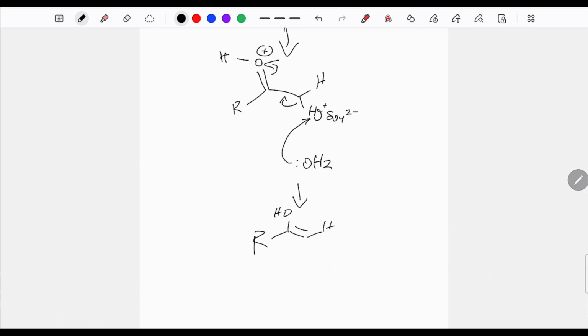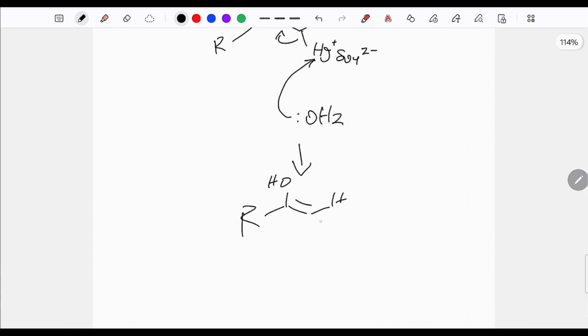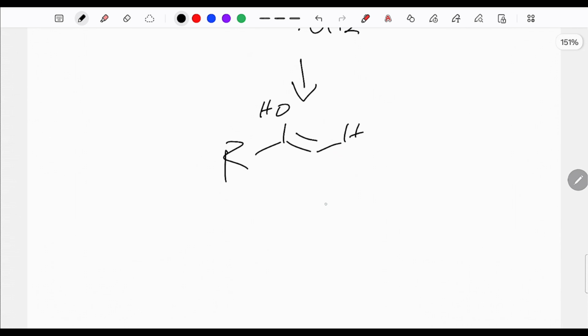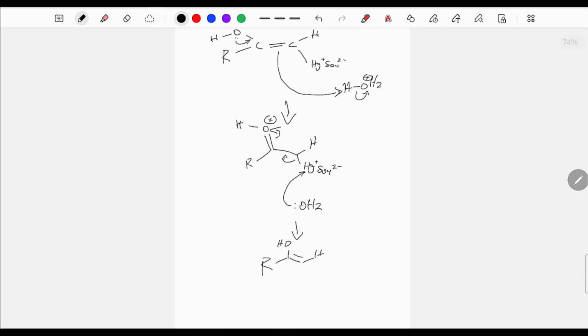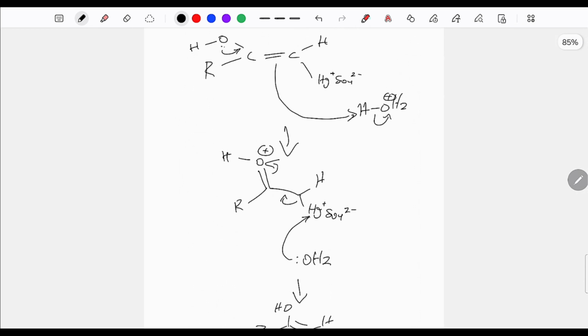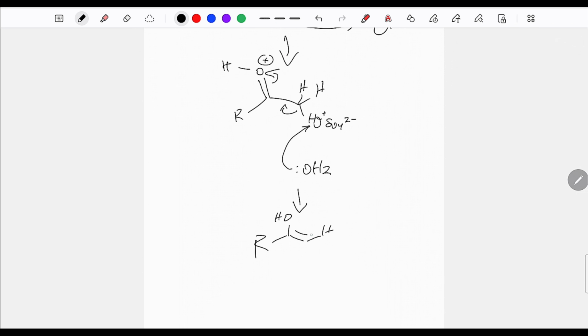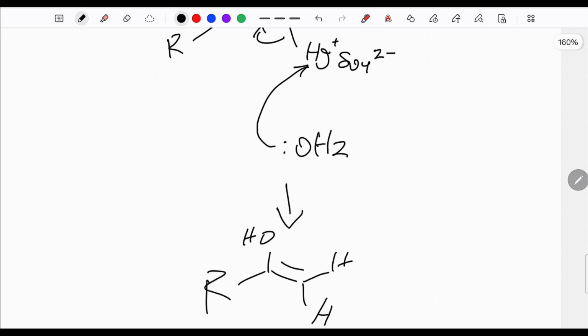Now the question is, how can I tautomerize it into a ketone? And again, this is where our acid comes in. And again, by the way, I have omitted the hydrogen, but you should know that it's there. When we protonated here, there is an extra hydrogen here now. I should show it, just for the sake of people not being confused.